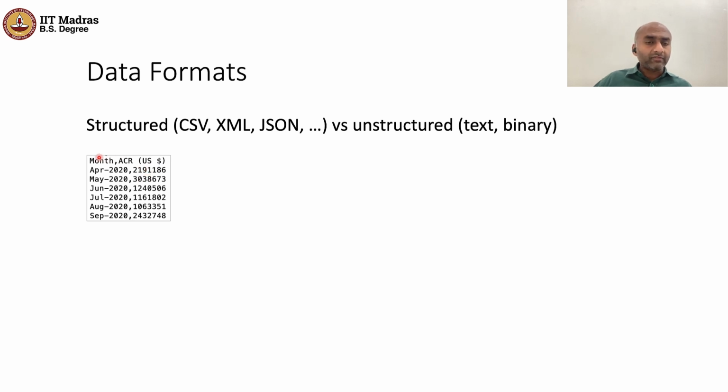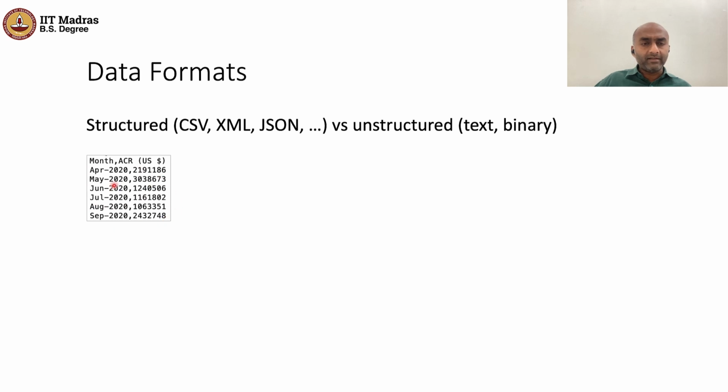Usefully, the CSV also has the definition of what these columns are, at least the column names, right? Available as row number 1 in that particular batch file. And as we guessed, the first column refers to month, and the second column refers to some quantity called ACR. In brackets, we see that it's US dollar, so it looks like some kind of a monetary number.